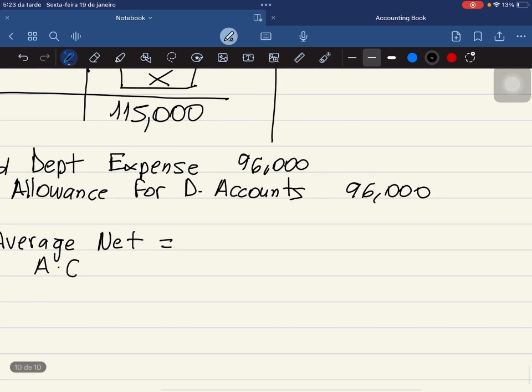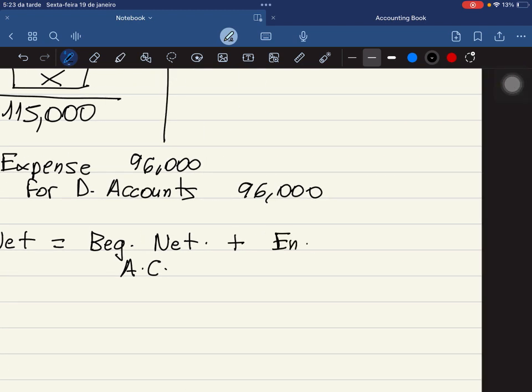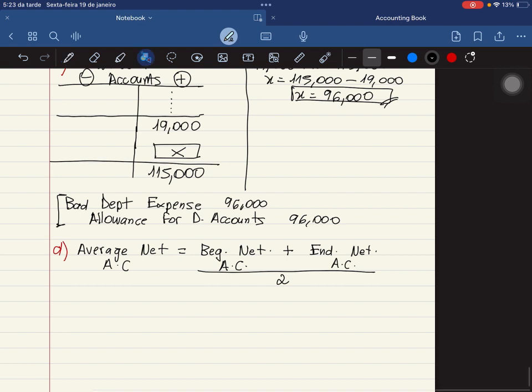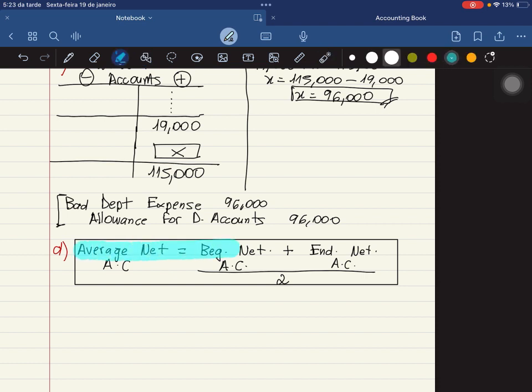That is beginning net accounts receivable plus ending net accounts receivable divided by 2. Okay, so here let's make sure that we highlight this because this is the first formula that we're going to be using.